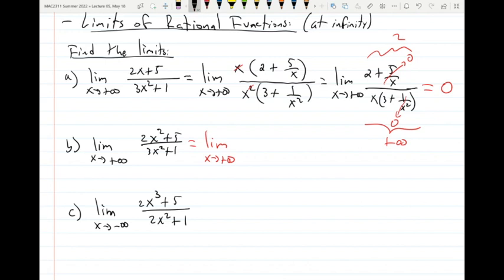So here we just factor. I'm going to factor the x squared, again, because I have infinity over infinity. Okay? Let me write this as 5x plus 3. Just so you see how the factoring works.